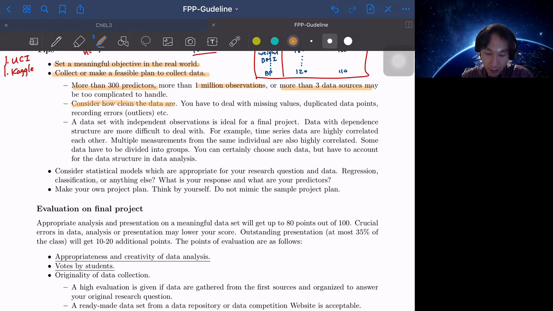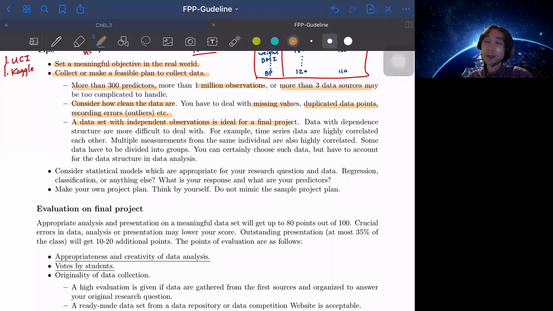Yeah, and also consider how clean the data are. If you bring the data from your research, maybe there are more irregularities, duplications, NAs, outliers, and some others. So missing data, duplicated data, and recording errors, you have to be careful about. Yeah, a data set with independent observations is ideal.